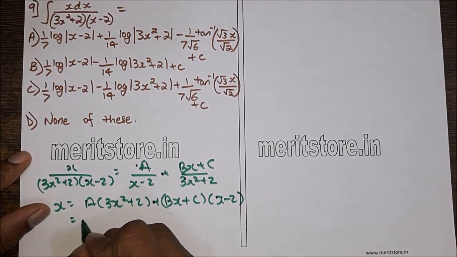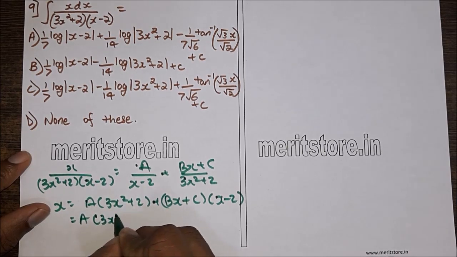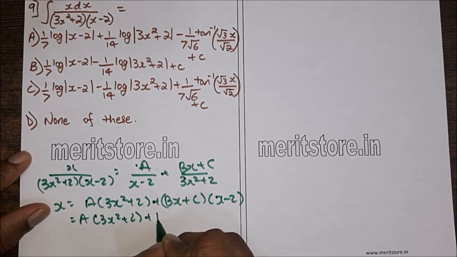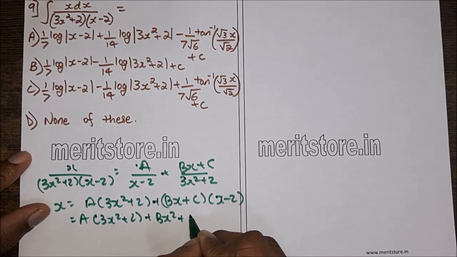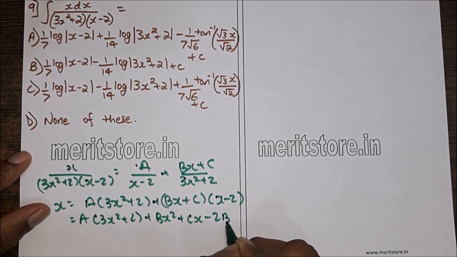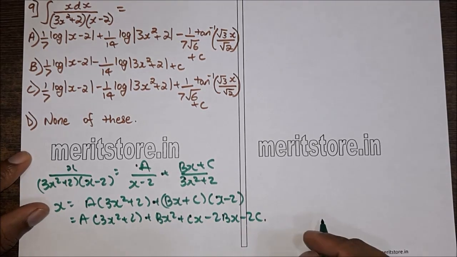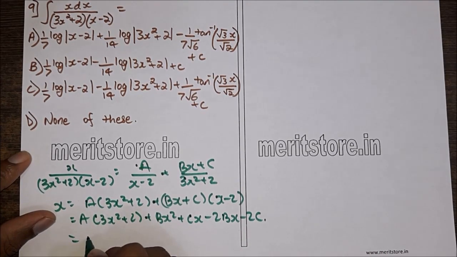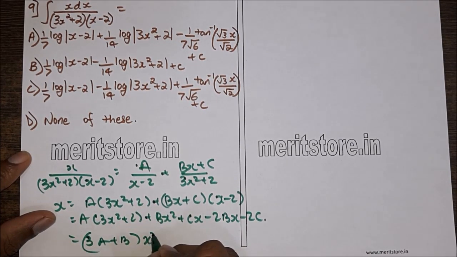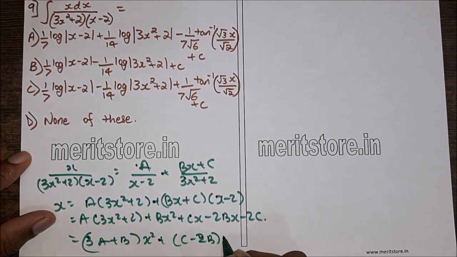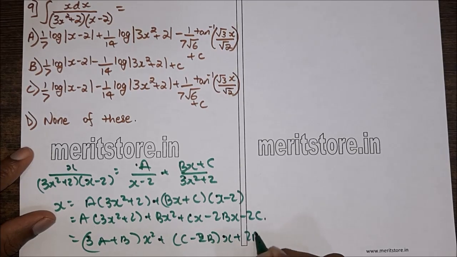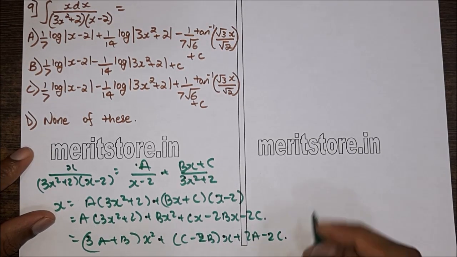Further, we can write this as a into 3x square plus 2 plus bx square plus cx minus 2bx minus 2c. That is 3a plus b into x square plus c minus 2b x plus 2a minus 2c.